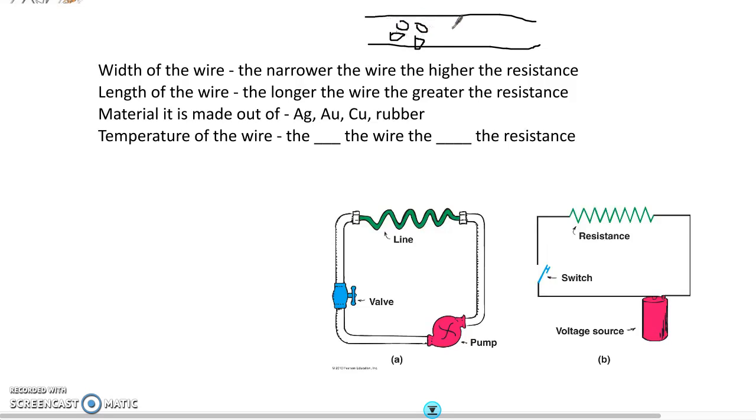The electrons can flow between these, but think about it: is it easier for them to flow if these don't move very much, or if they move a whole bunch? As the wire gets hotter, the atoms tend to vibrate in place faster and faster and move back and forth. So it's a lot harder for the electrons, because they may hit an atom and bounce off. So it's a lot harder for the electrons to flow through if it's hotter and the atoms in the wire are moving faster.